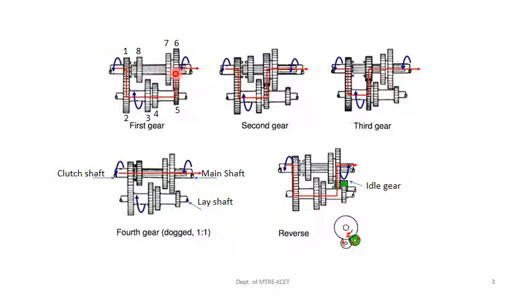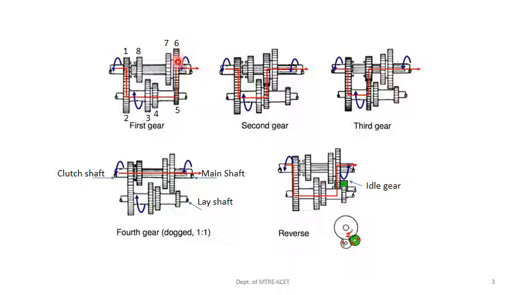First we see the diagram. In the main shaft, the gear diameters gradually increase, but in the lay shaft, the gear diameters gradually decrease. For example, in first gear, the fifth gear is much smaller than the sixth gear.